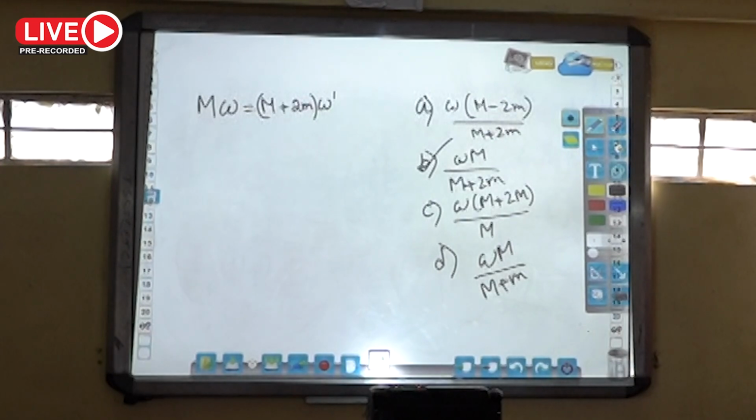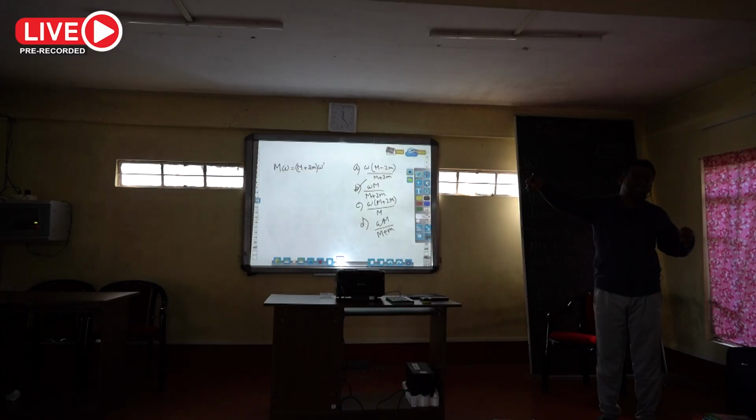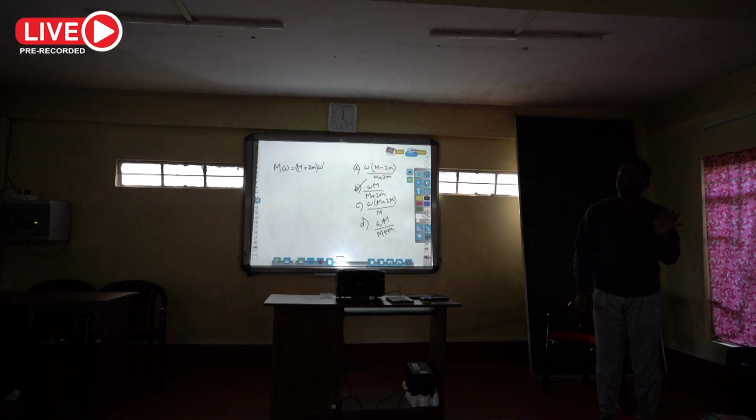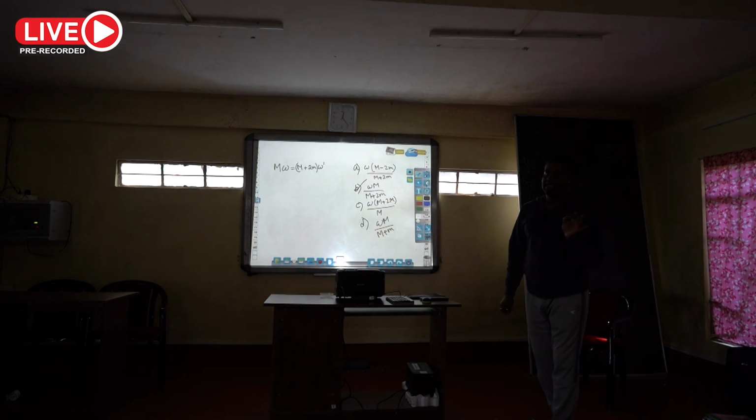See, it is a ring, so you can place objects only on the circumference. In both the cases the distance will be r, so it will produce the same angular momentum. If it is a disk, then the problem can be changed.